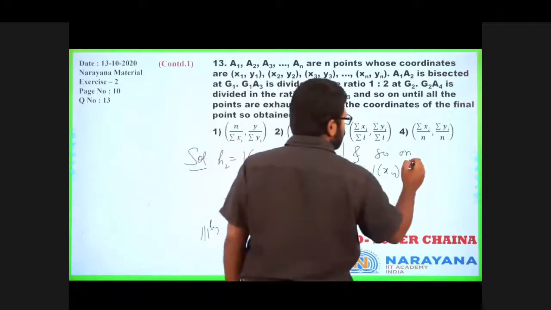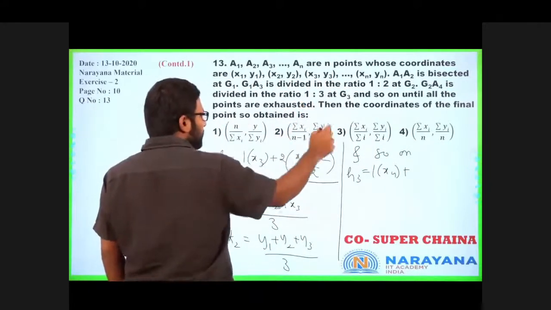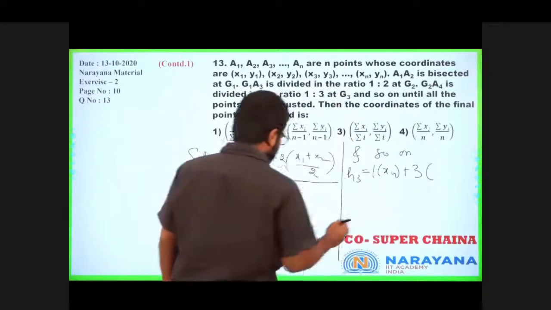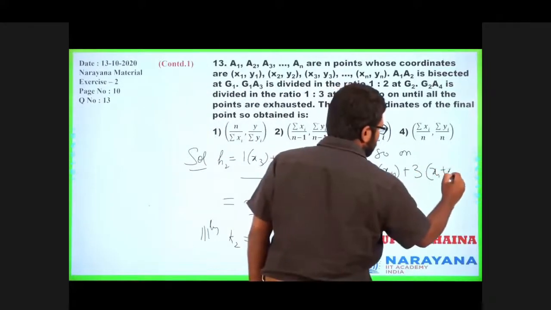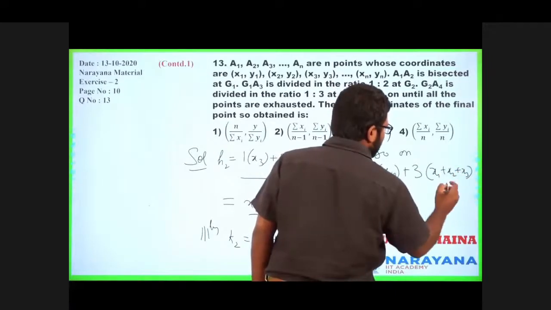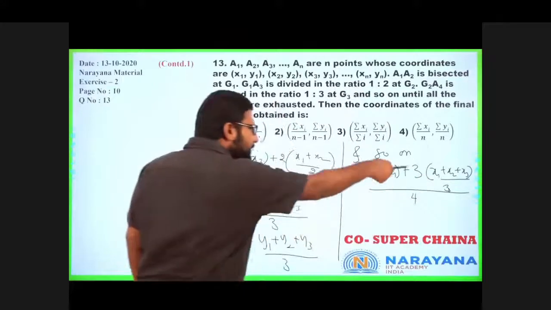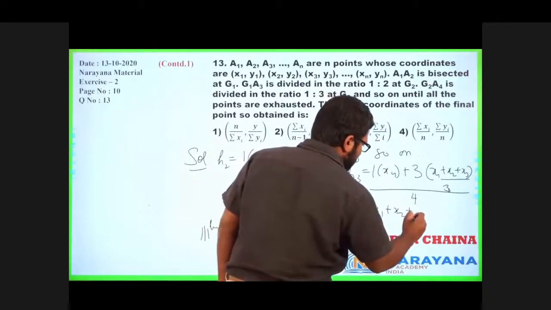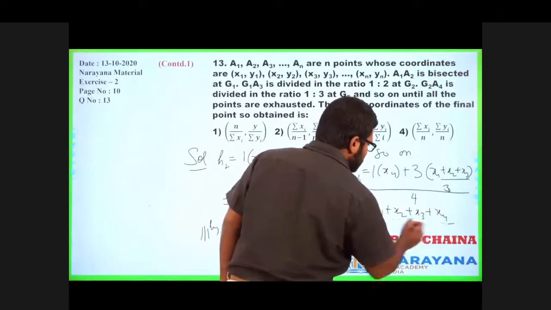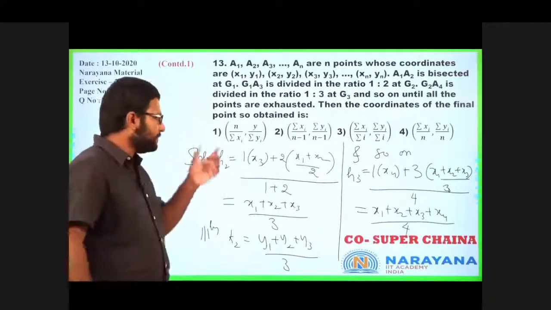So for G3, H3 would be 1 into x4 plus 3 into (x1 plus x2 plus x3 divided by 3), this whole thing upon 4. Once again 3 will get cancelled. You are left with x1 plus x2 plus x3 plus x4, the whole upon 4. Now I hope the pattern is very clear.